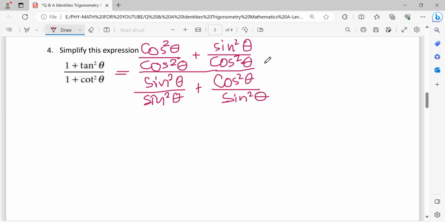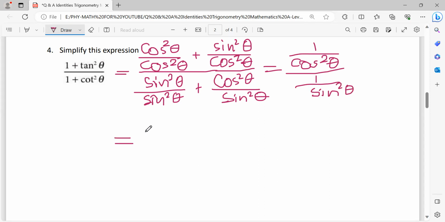And then after that, cosine theta squared plus sine theta squared equals 1. 1 over sine theta squared plus cosine theta squared as well equals 1. 1 over sine theta squared.